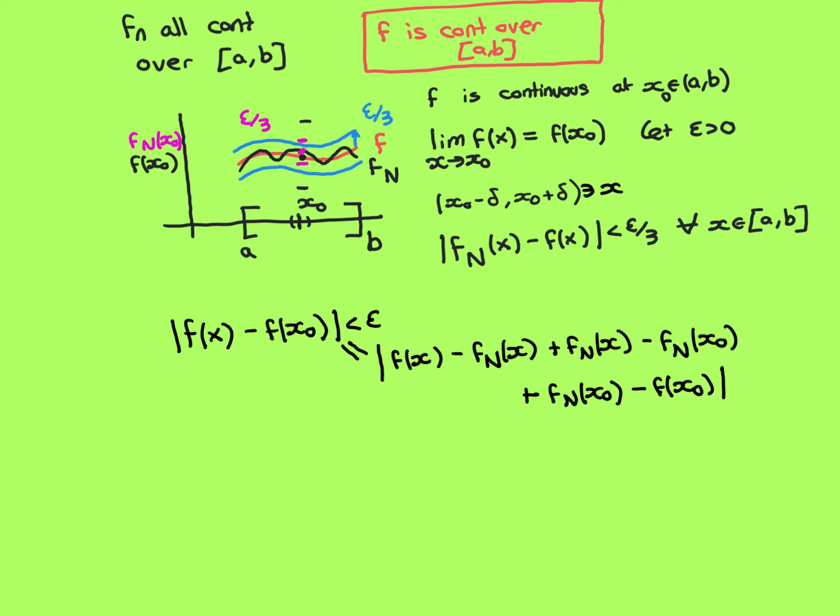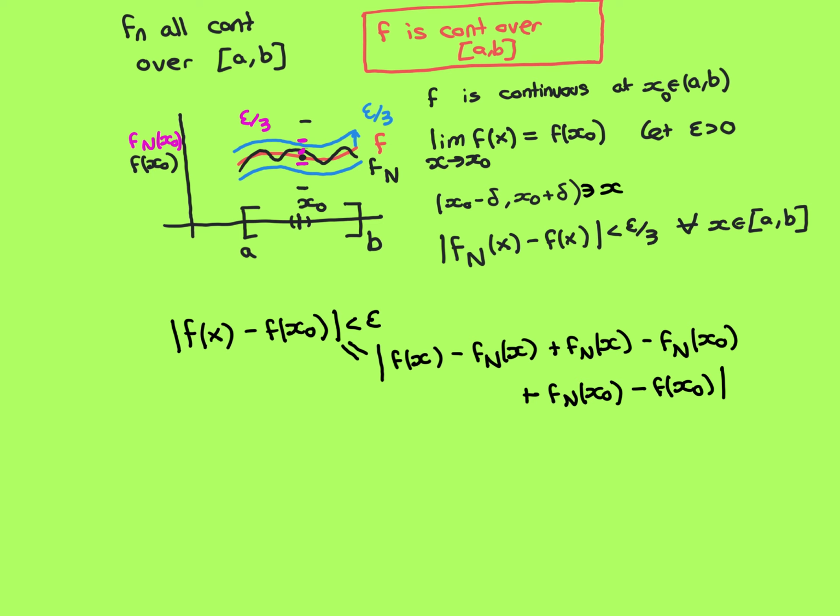So what I've done here is I've taken this thing and I've made it look more complicated by subtracting things off and then adding them back again, and I've done that overall twice. So this thing that I've got here is actually the same as what I've got here, it just looks more complicated. And let me explain the use of turning it into this more complicated thing. So we're interested in this modulus of this difference between f of x and f of x0.